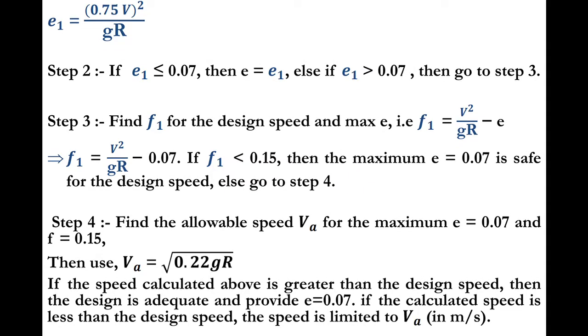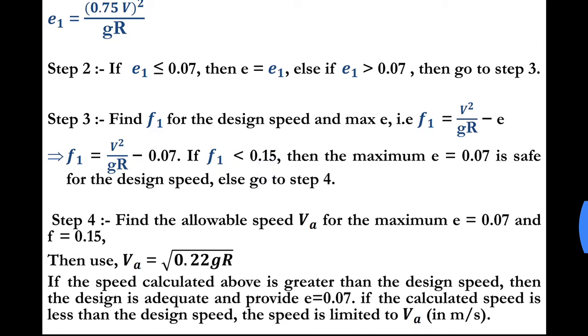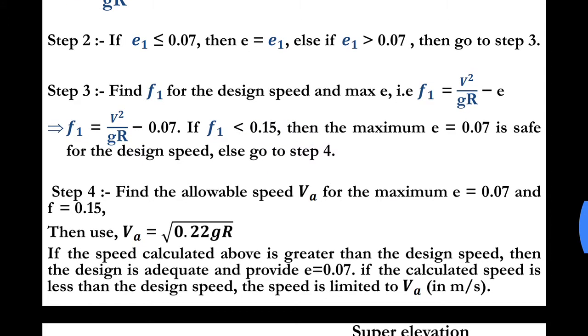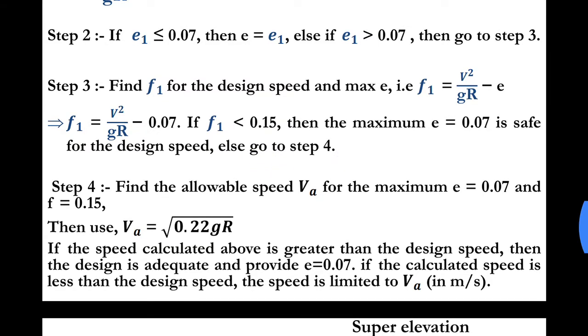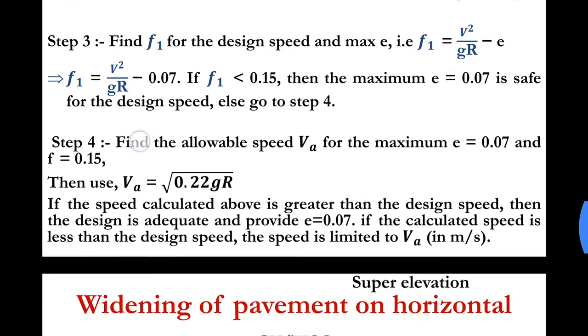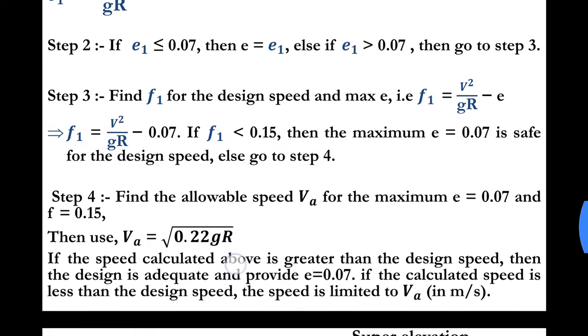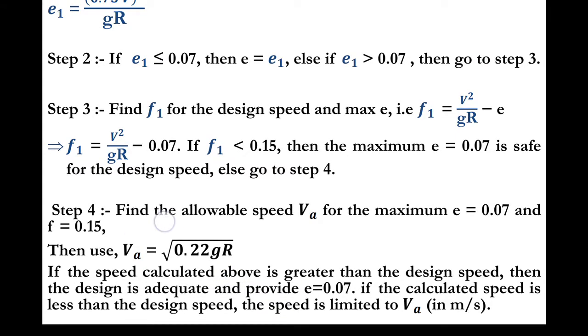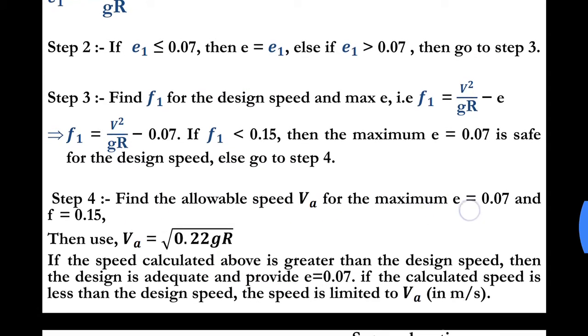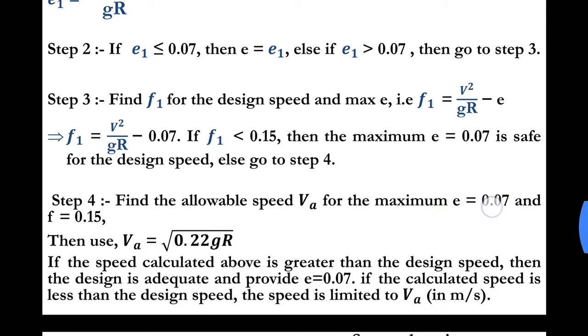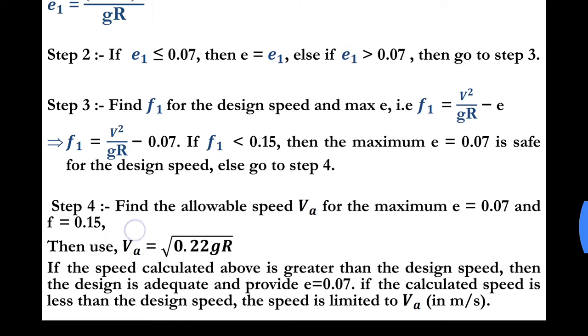But if the value of F is greater than 0.15, then we go to step 4. What do we do in step 4? Find the allowable speed VA for maximum E equal to 0.07 and F equal to 0.15.